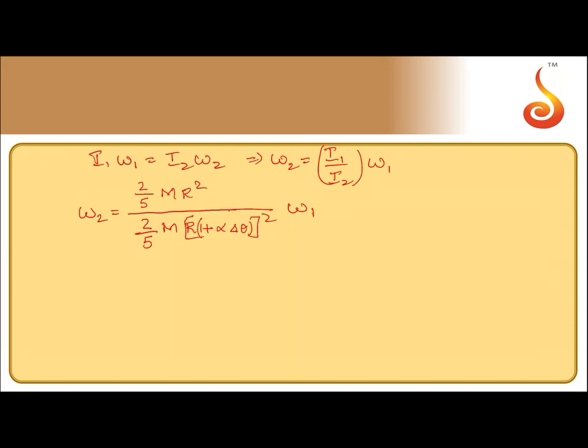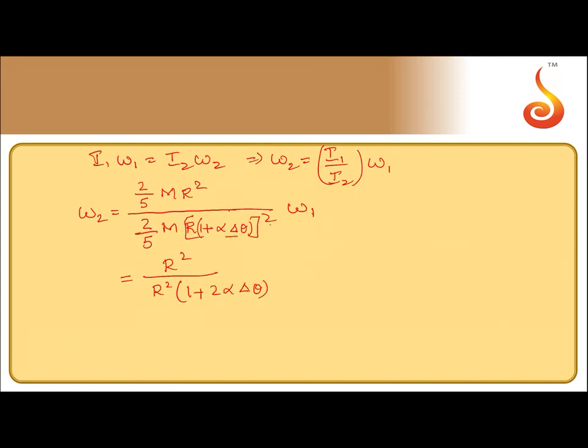So omega 1 is given as omega naught, so that will be 2 by 5 m, 2 by 5 m get cancelled. So we will be left with R square divided by R square into 1 plus, see alpha will be very small, generally 10 power minus 5, so I can use binomial approximation, it will become 1 plus 2 alpha delta theta.